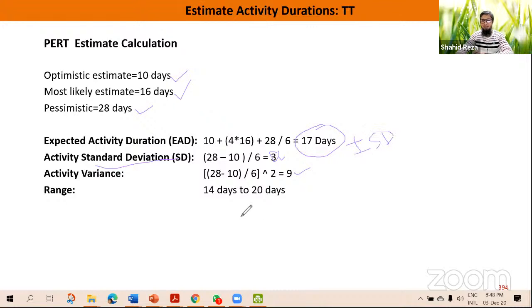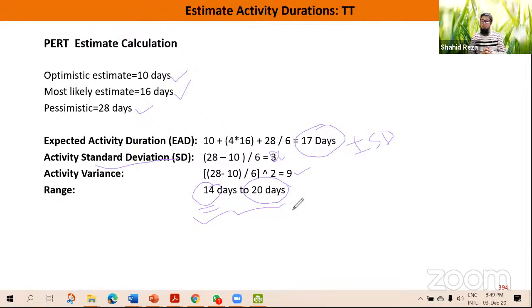What does it mean? In the best case scenario, minimum it will take 14 days, and maximum it will take 20 days. Within this range, we are sure that we can finish the work, finish the activity, finish the task. So this is the range.